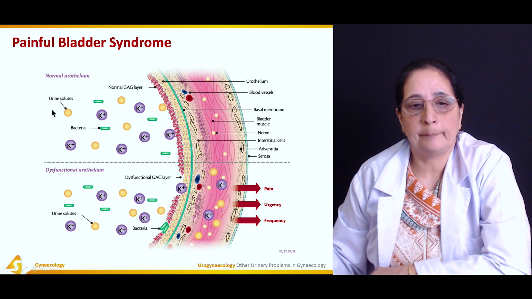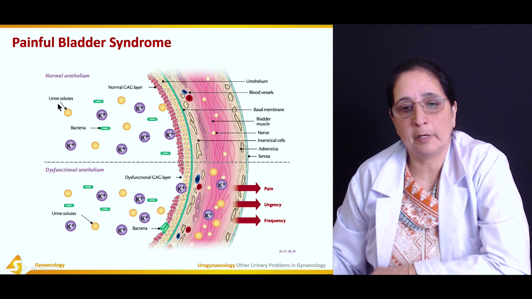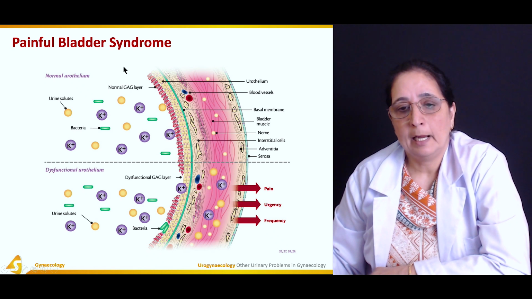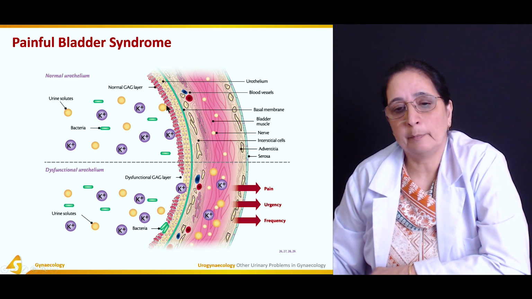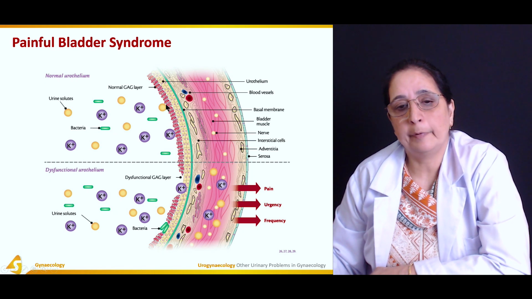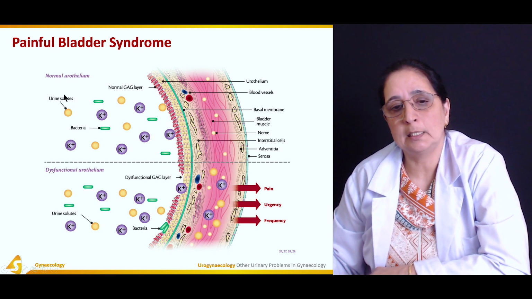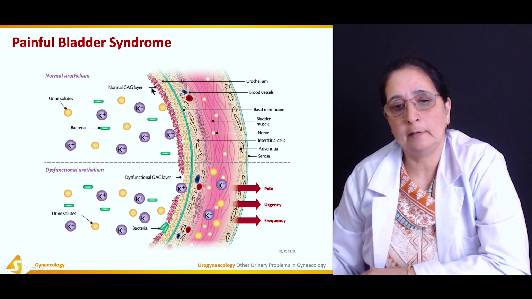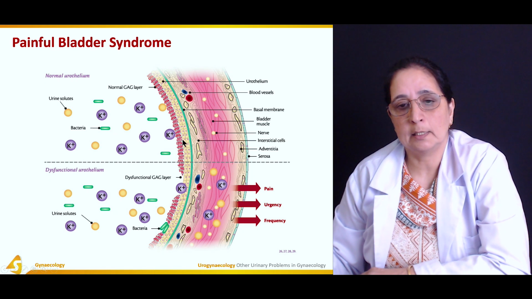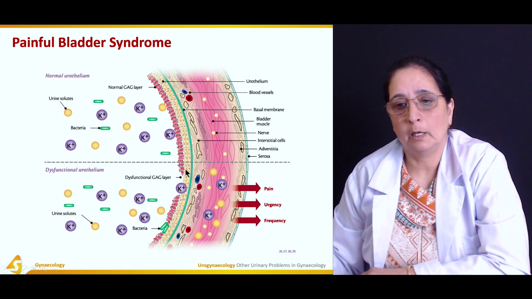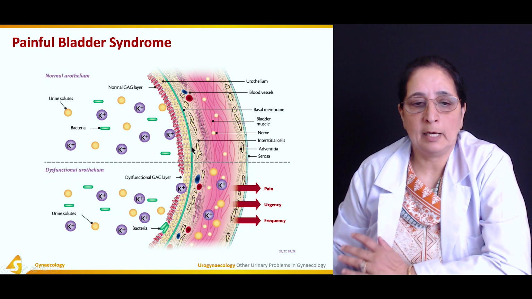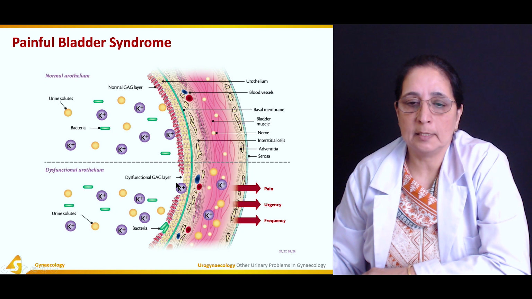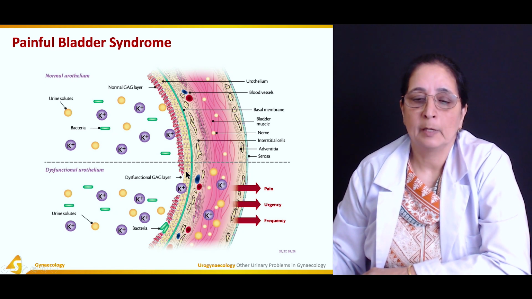Then we have urine solutes, different bacteria, potassium, all these are present, and the glycosaminoglycan layer prevents the entry of these different materials inside the urinary system or inside the bladder.